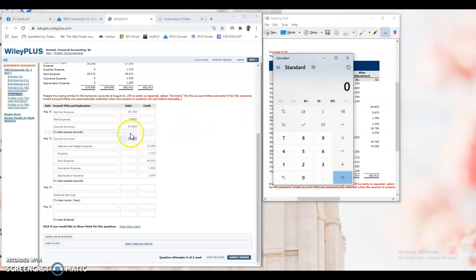So revenue is 47,820 minus the expense total of 39,903. So that's gonna be a total of 7,917. So we're gonna put it on the credit side. So under income summary, we're just gonna put that as 7,917.